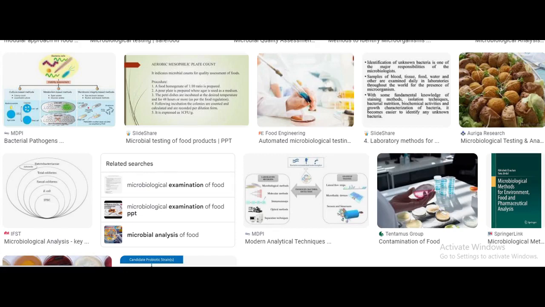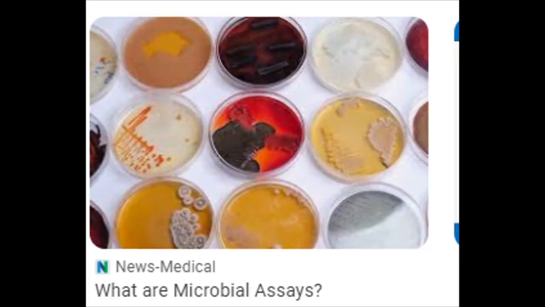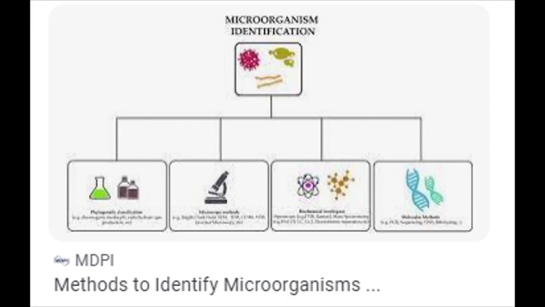Streptococcus is also an indicator. Clostridium perfringens is also an indicator because it's also found in the soil. And there are many other indicators of fecal pollution. So in that book, there was an argument.